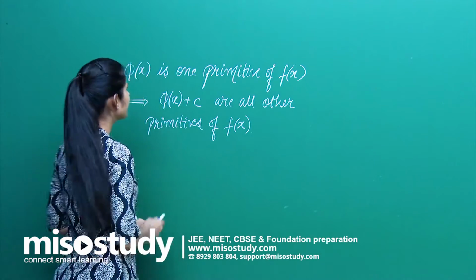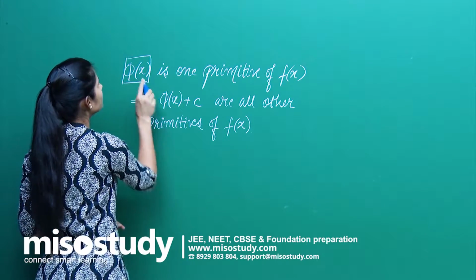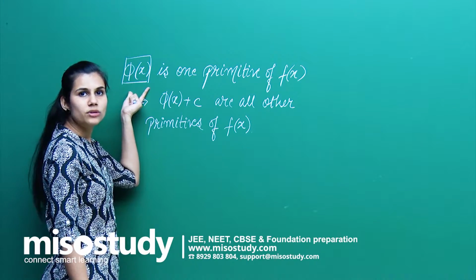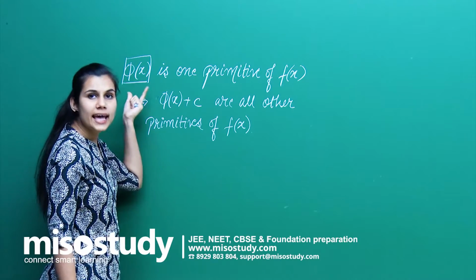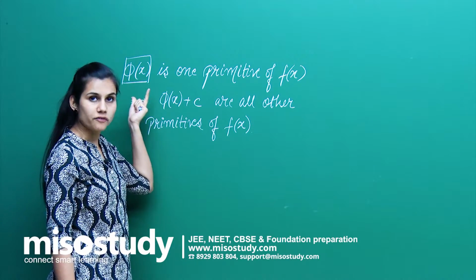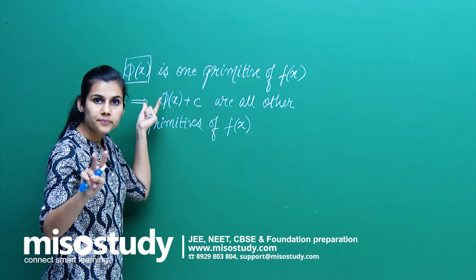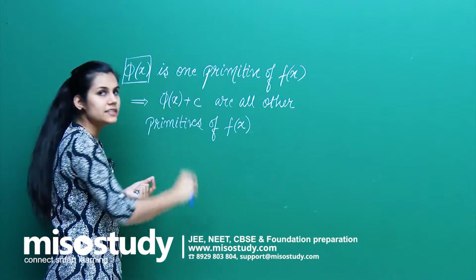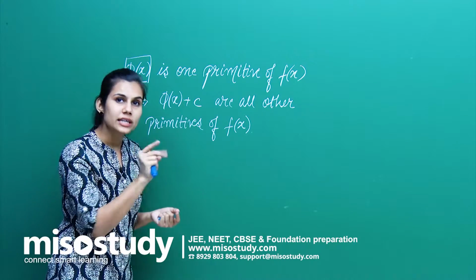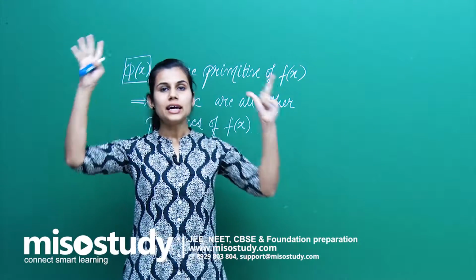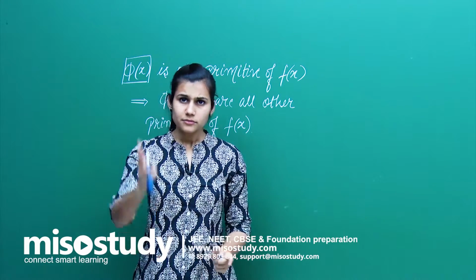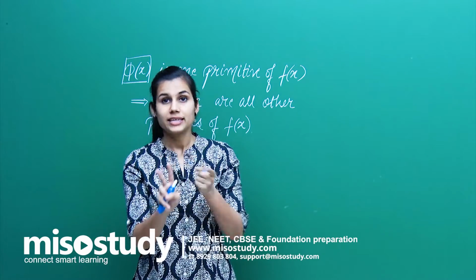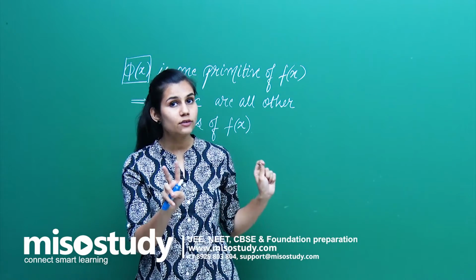That means it is this antiderivative which is utmost important. The moment this antiderivative is found, I am not worried about finding any other antiderivative of f. Second thing, any two antiderivatives of f, say phi x plus c1 is one antiderivative, phi x plus c2 is another antiderivative. In the entire family of antiderivatives of f, any two are going to look like phi x plus c1 and phi x plus c2, where phi x is that one original function of x which is an antiderivative of f.